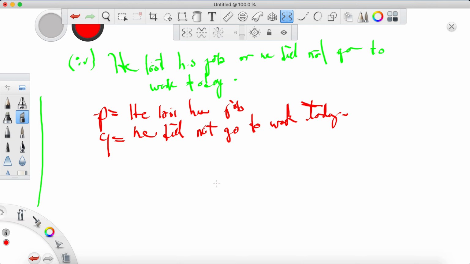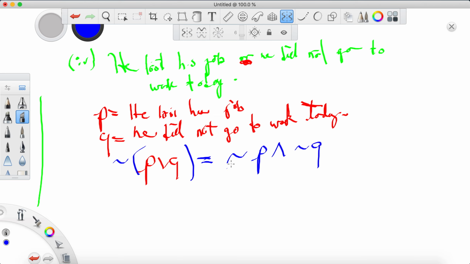Okay, and because of that "or", this statement is going to be P or Q. And again, remember that we're negating the whole thing. So I'm negating this, and again, by the De Morgan law, this is going to be this right here.